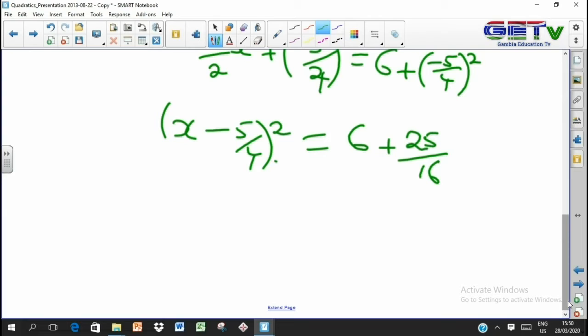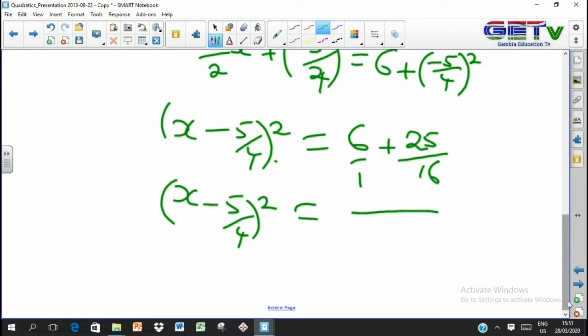Again, if you point this from your calculator, you will have x minus 5/4 all squared equals, let's find the LCM. If you divide 6 by 1, it's the same thing as 6. So the LCM of 1 and 16 is obviously 16. 1 goes into 16, the answer is 16. 16 times 6 will give us 96.